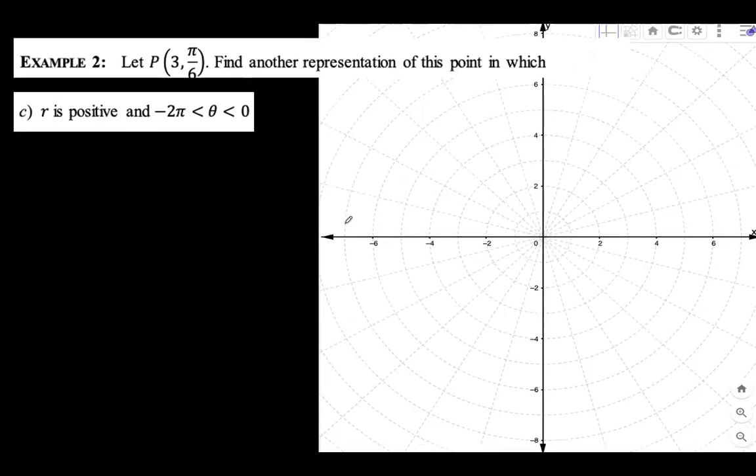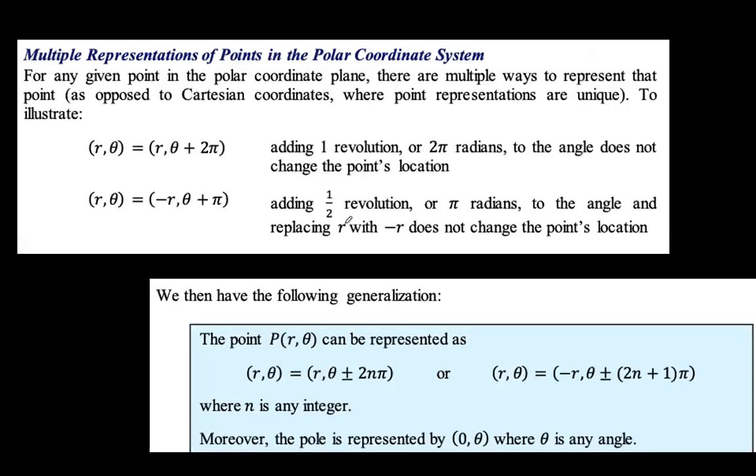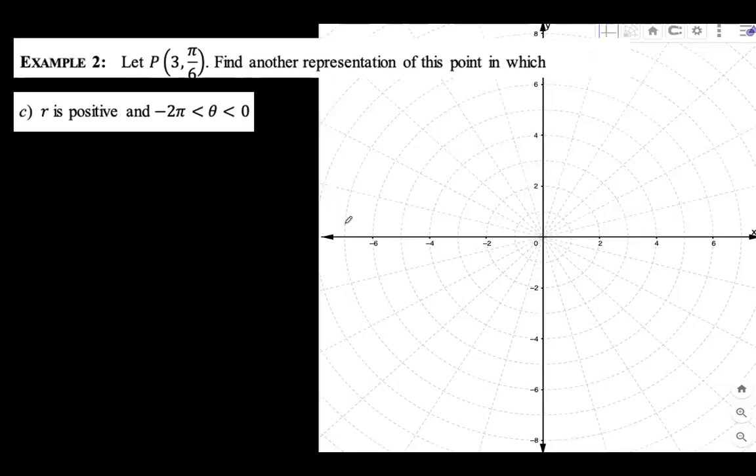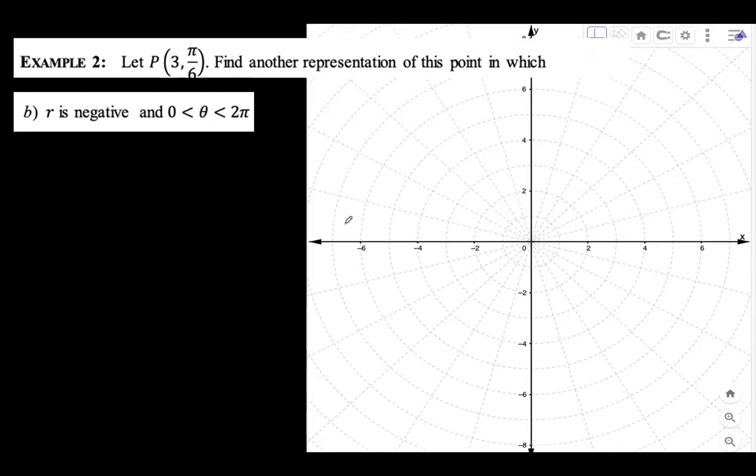Okay, so let's just take one example here. Let's take letter B. So in letter B, the given point is 3, pi/6. And that point could be found at pi/6, that's 30 degrees.